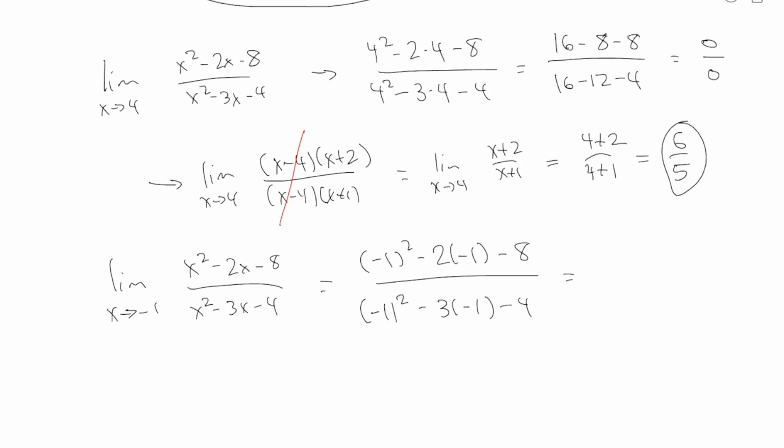This is 1 plus 2 minus 8 over 1 plus 3 minus 4. That's negative 5 over 0. The limit does not exist. I hope you got something like that.